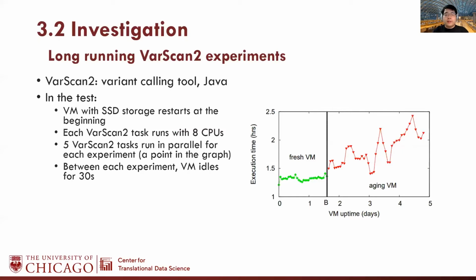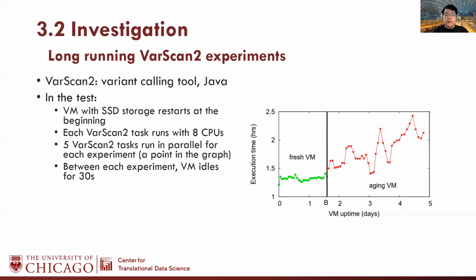Here we demonstrate a simple test using a Java application, VarScan2, which is commonly used in our variant calling pipelines. The graph plots a series of experiments with VarScan2 tasks. A VM with SSD storage restarts at the start, and each task runs with 8 CPUs.